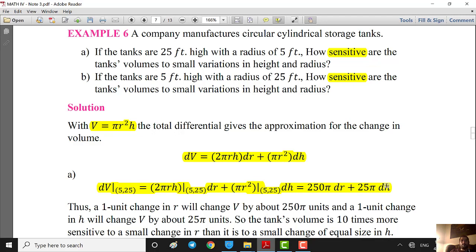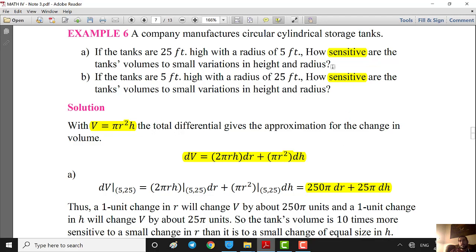Now, we have understood that dV at the point specified in part A is equal to 250 pi times dR plus 25 pi times dH.